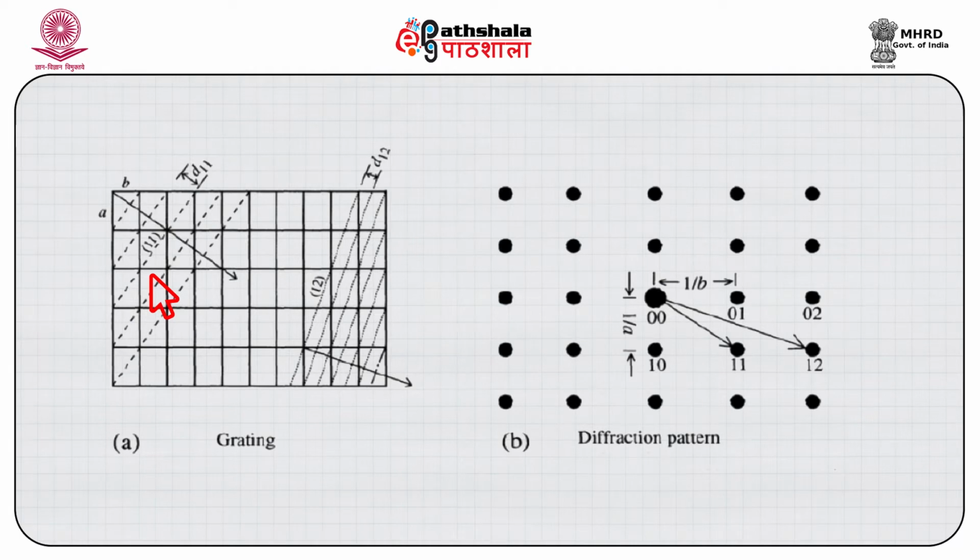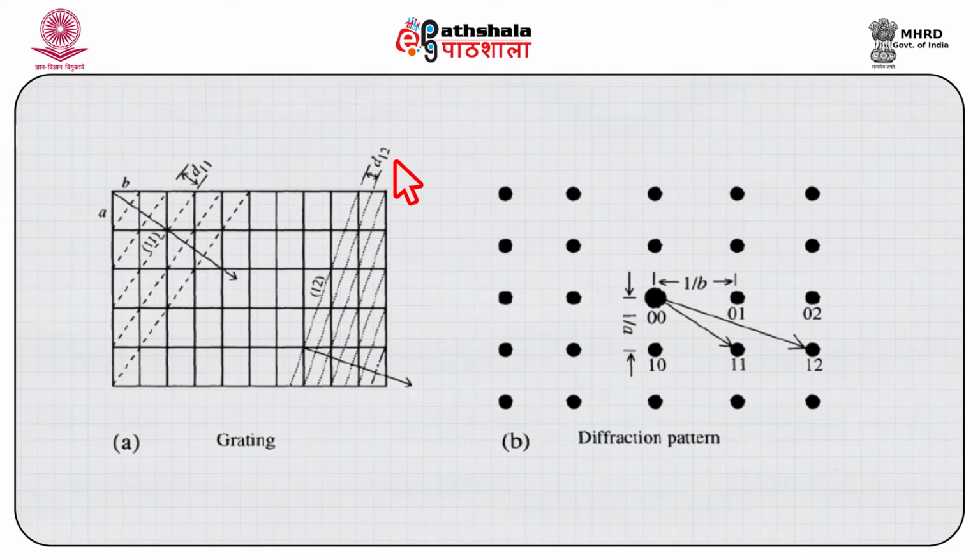Now, there is another plane where the intersection of the A axis is at unit distance and that of the B axis at half the unit distance, producing a plane D12.